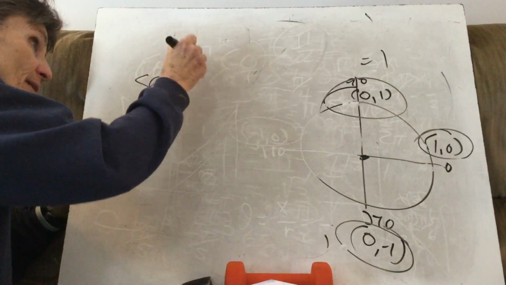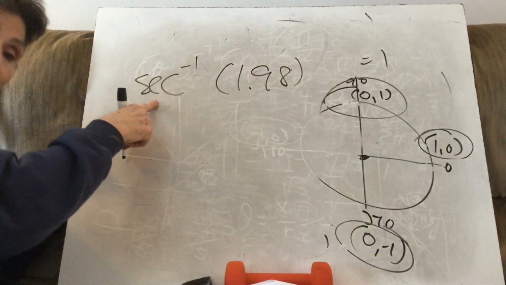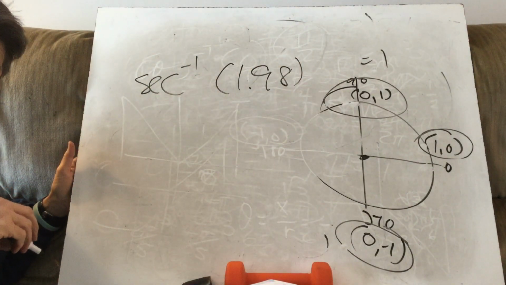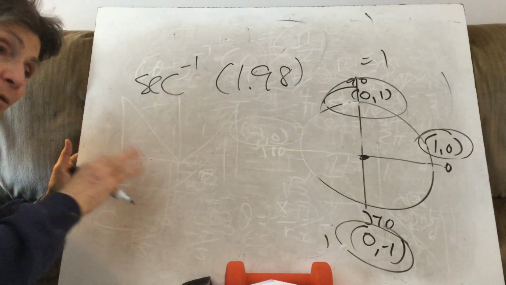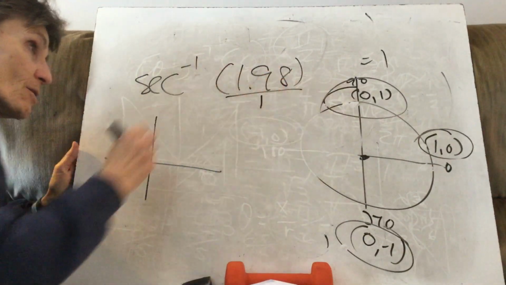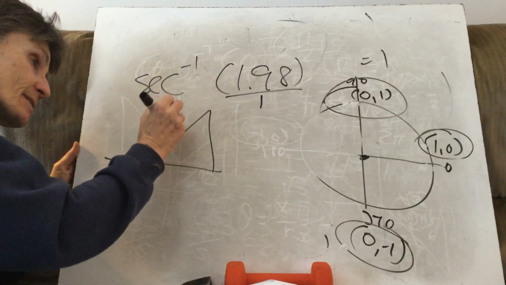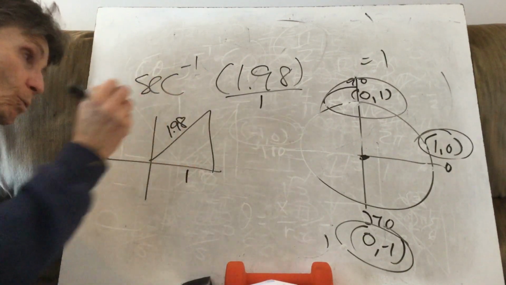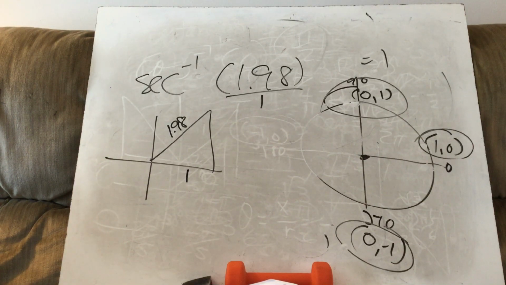I lied. I said you didn't even have to think, but you're going to have to think about this one because you don't have that button, do you? So I want you to stop a minute. This says, and you don't necessarily have to draw it, but it might help you, that there's an angle out there whose secant, hypotenuse over adjacent, is 1.98 over 1.